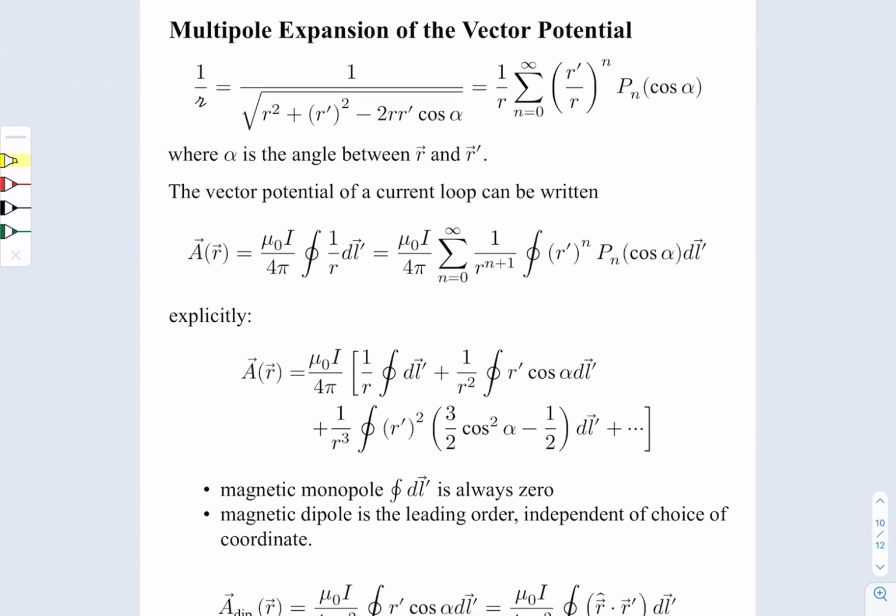So lastly, what I want to talk about is the multipole expansion of the vector potential. So we just use the identity of the generating function here that we see.